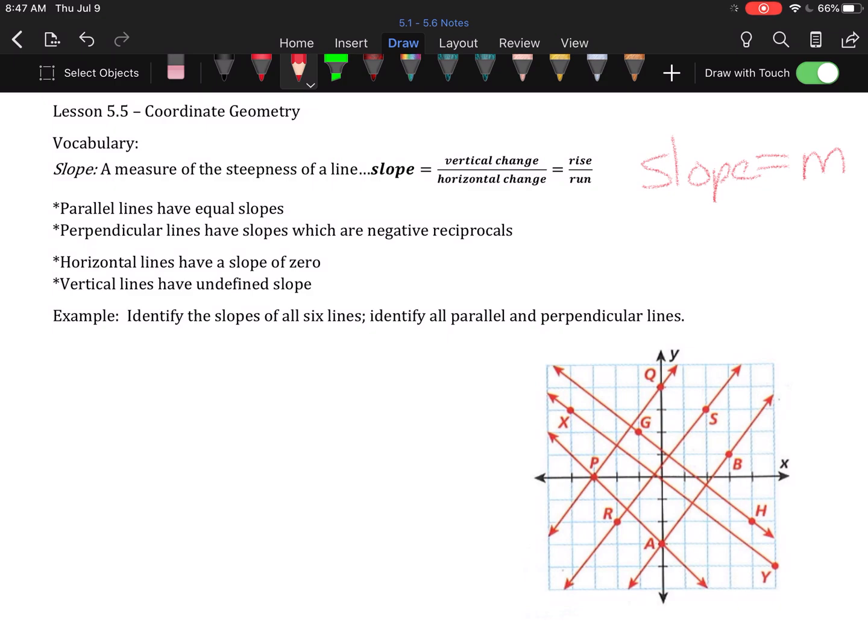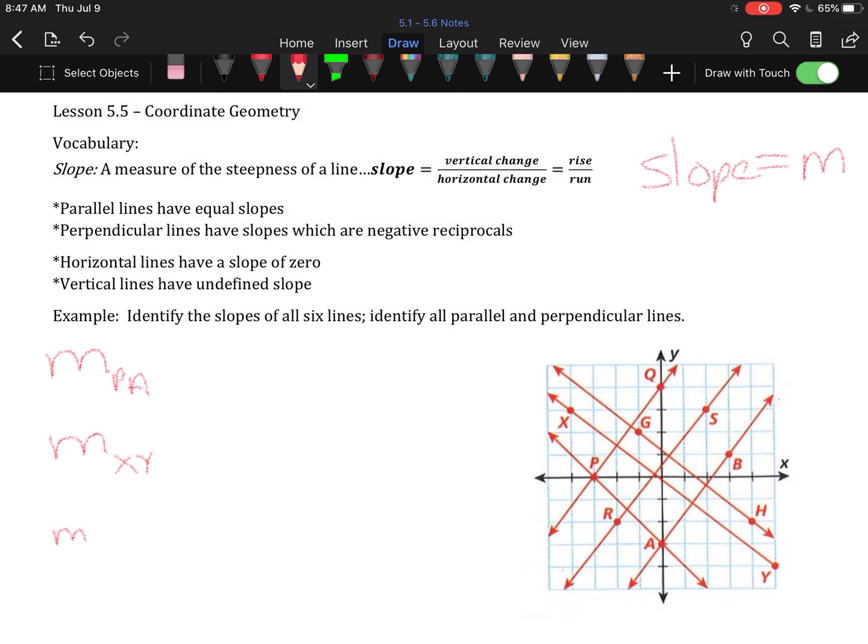So I'm going to find the slope of 6 different lines. So I need some way of remembering which is which. Easiest way to do that is to include a subscript to the M for slope. So for example, there's line PA. There is a line XY.